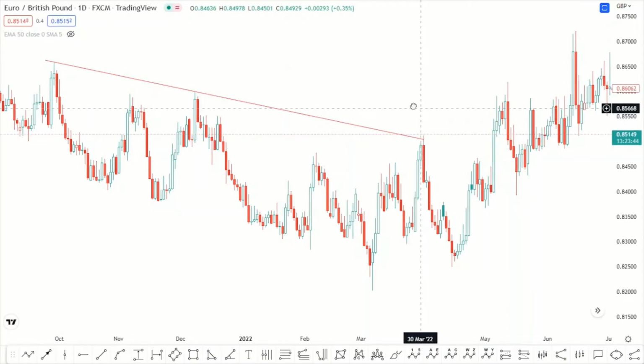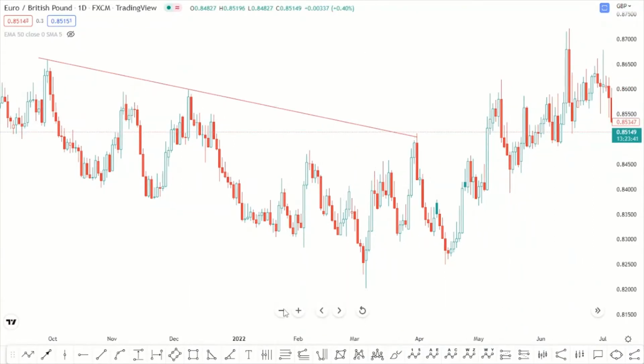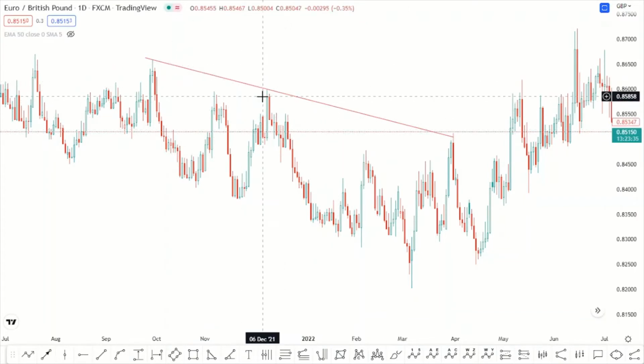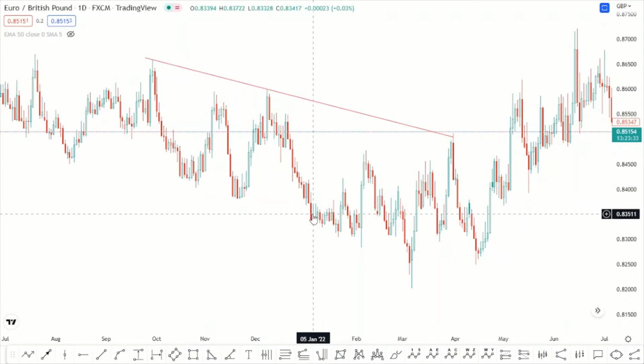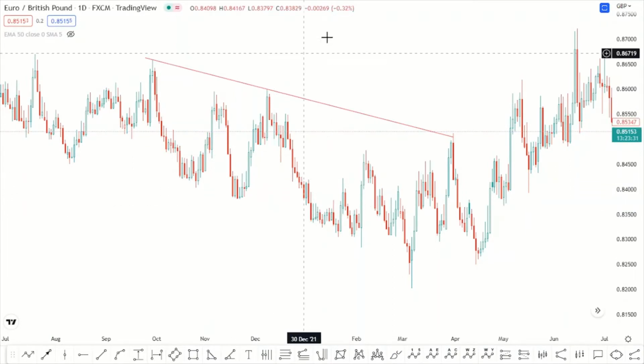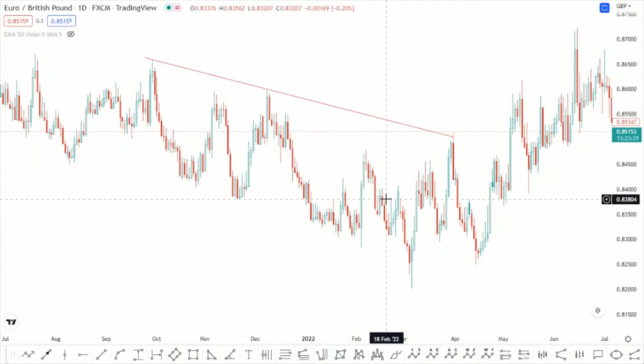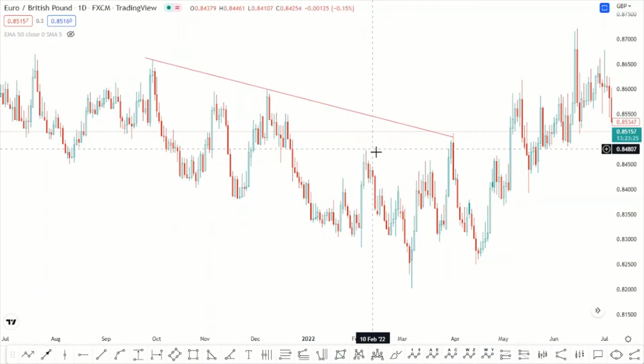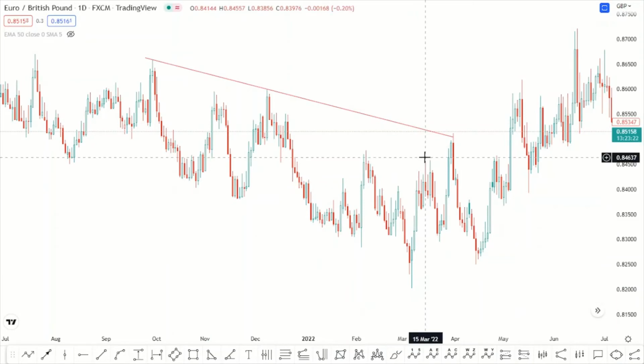So in your mind, you were like, okay, we've broken this line, the very strong line that, when we approached it, we failed to break, we failed to go through it. When we come closer to it, we feel some resistance, and then we go back down.